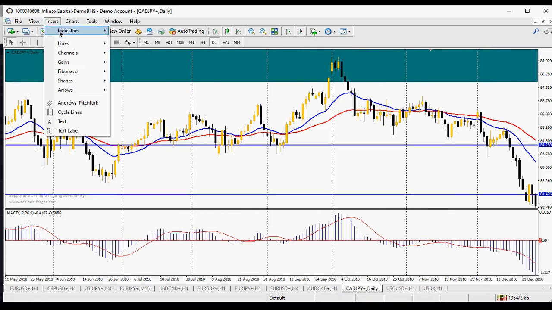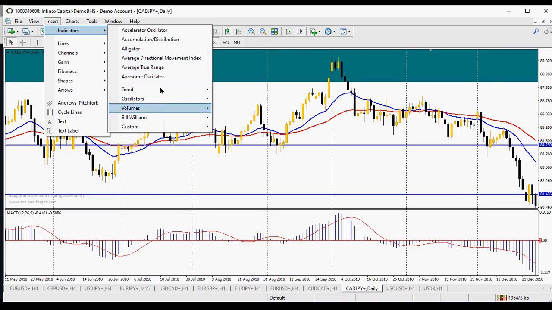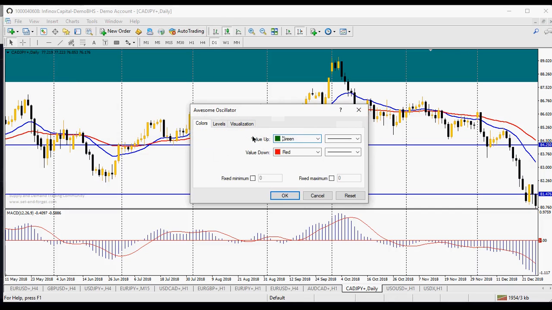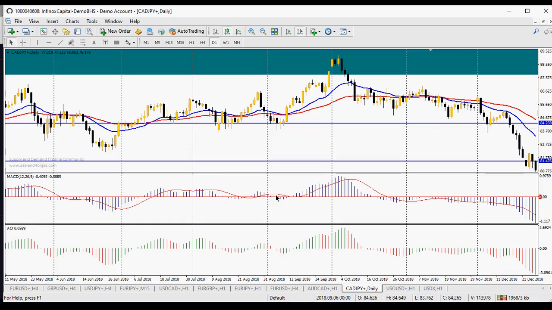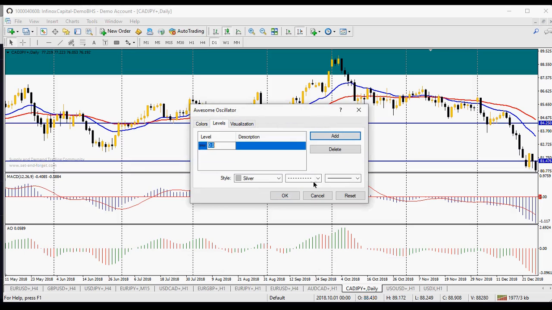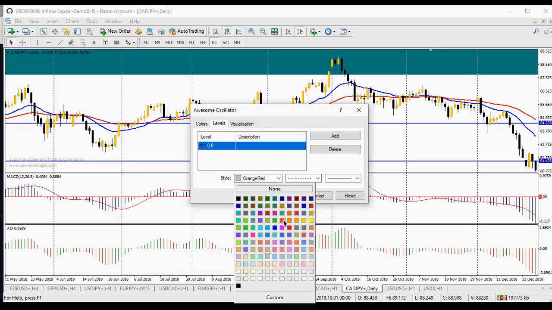Okay, if you look at other indicators, you just build on what these ones are doing. Look at the Williams, just modified the MACD with awesome oscillator. That's why I also like awesome oscillator in place of MACD. It's almost the same thing. What does it do? It gives you color. When it's green, it's telling you that price is also going up. You can also adjust it, give the levels, zero level, you can color it also.